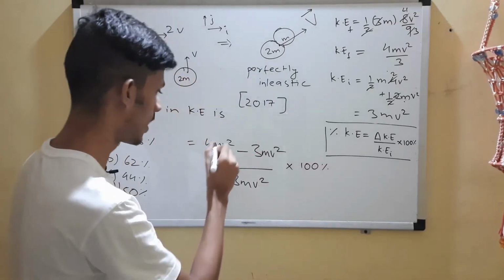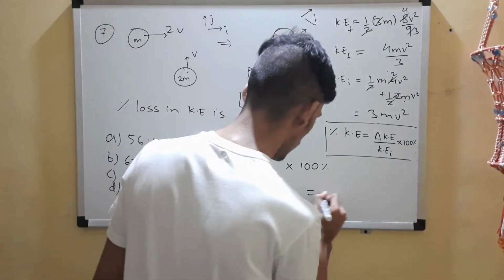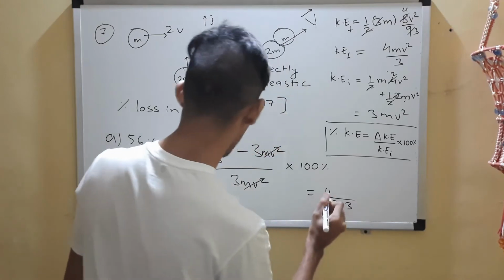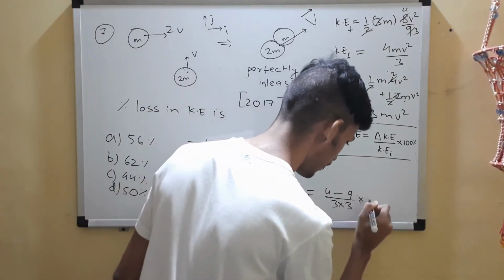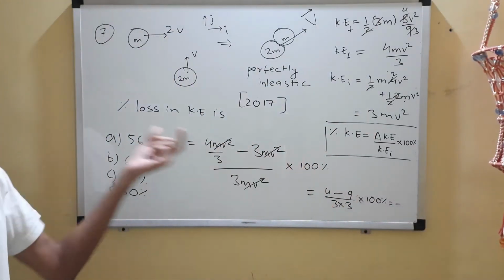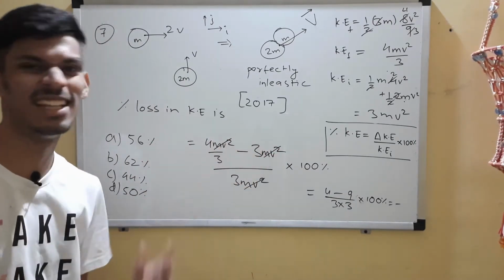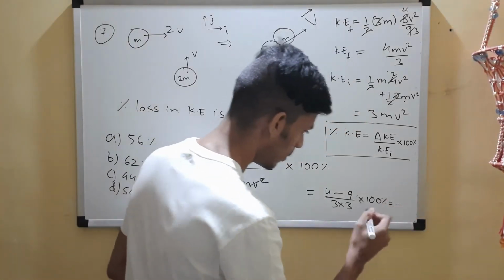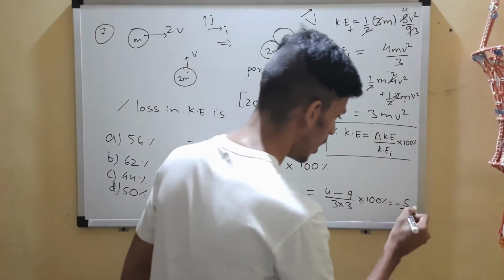You can cancel mv square throughout, and you will get 4 by 3 minus 3, 3 threes are 9, so that will be minus. That minus sign shows that there is a loss in kinetic energy. The final kinetic energy is less than the initial kinetic energy, and it is depicted by that minus sign. So minus 5 upon 9 into 100%.